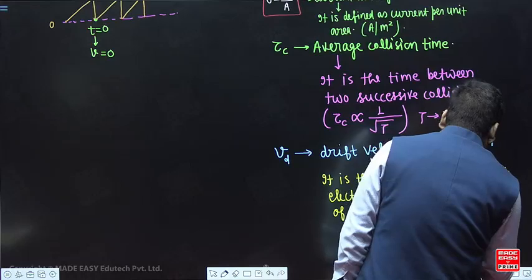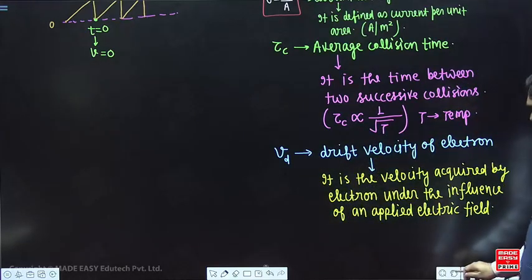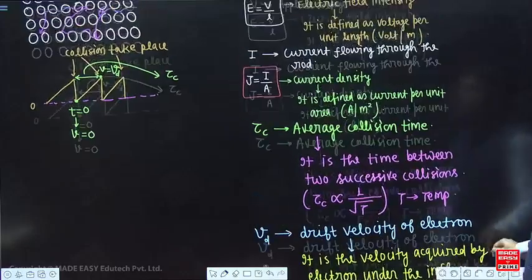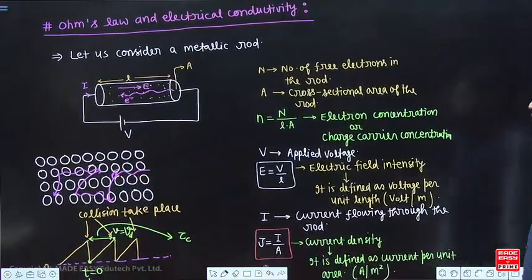It is the velocity acquired by the electron under the influence of an applied electric field. This is all about the notations in Ohm's law.